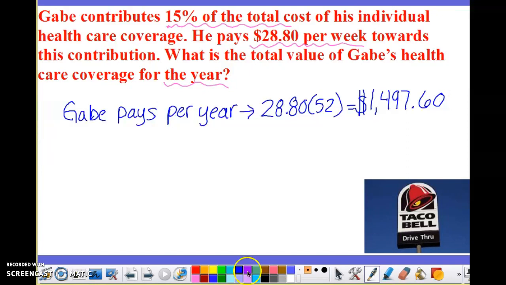We want to figure out how much his total health care coverage costs. Well, we can say that is X. X equals the value of health care coverage.